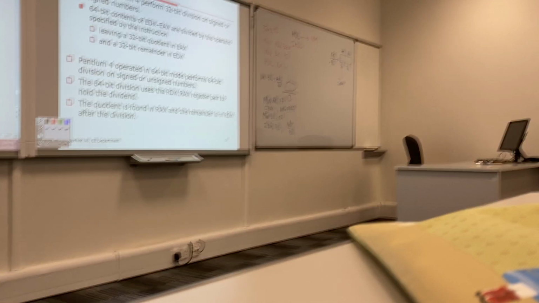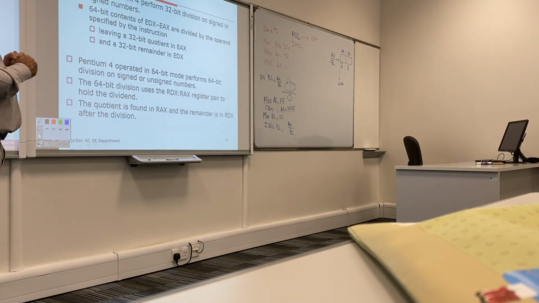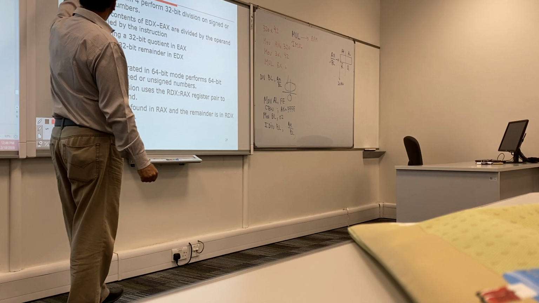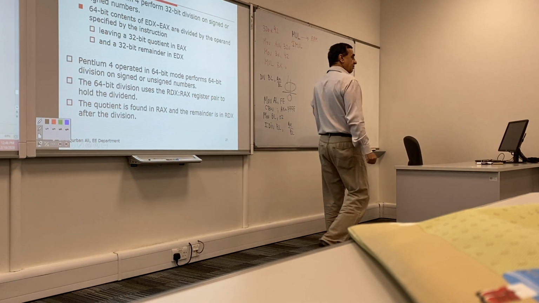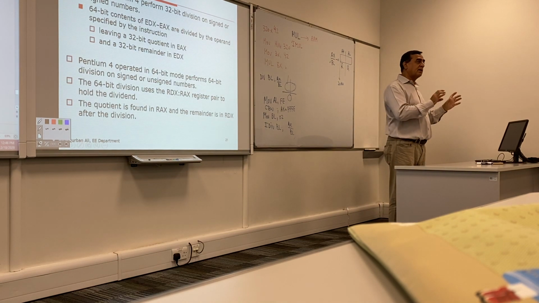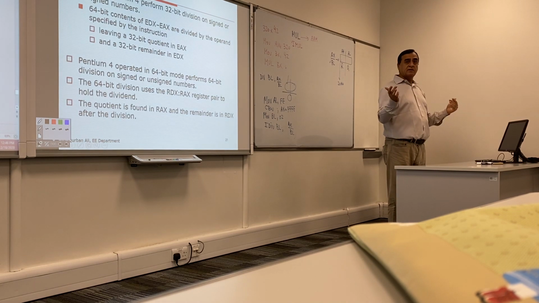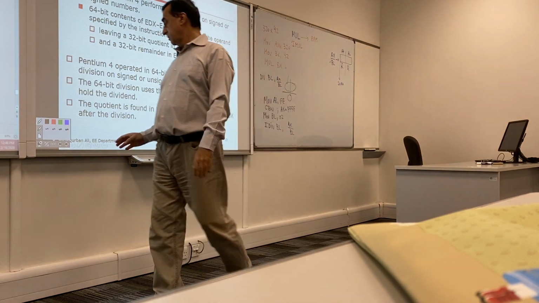From 16-bit to 64-bit, we can always have the same 32-bit division or 64-bit division. The idea remains the same. Use of registers remains the same. Div and idiv, mul and imul, whether they are 16-bit, 32-bit or 64-bit. Same thing.